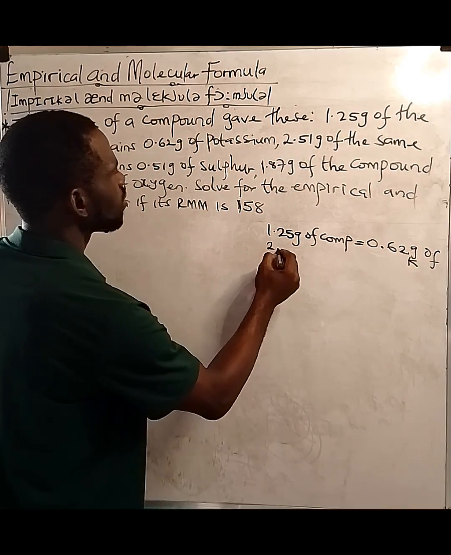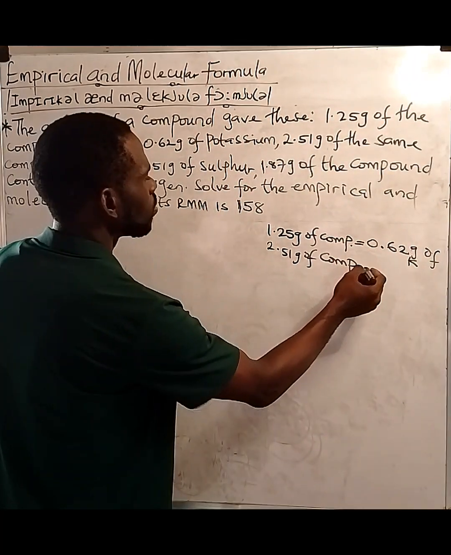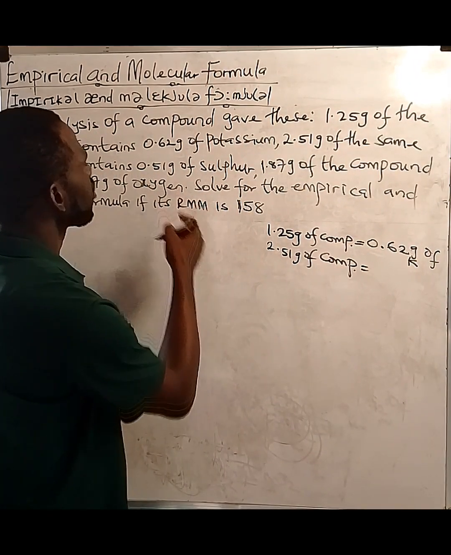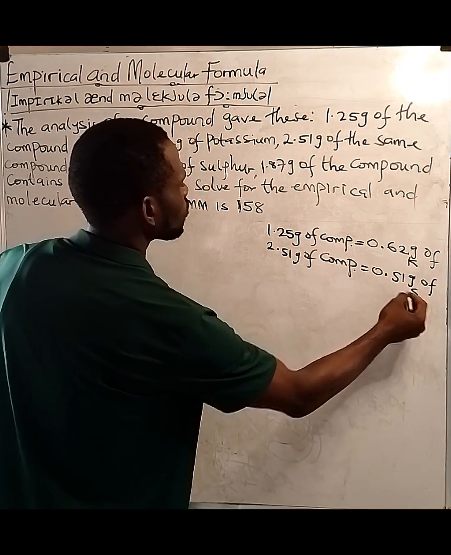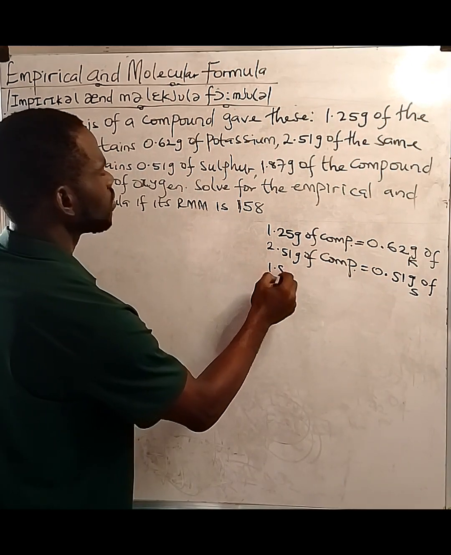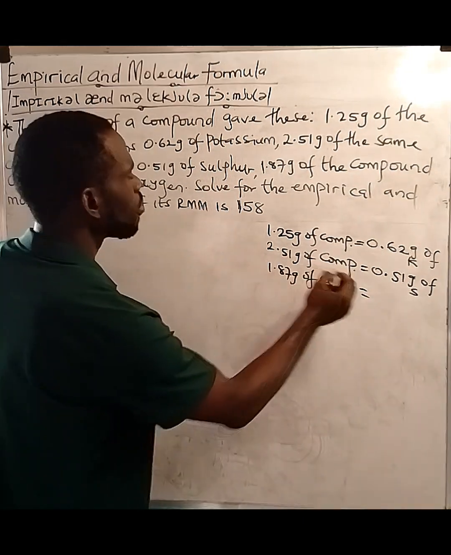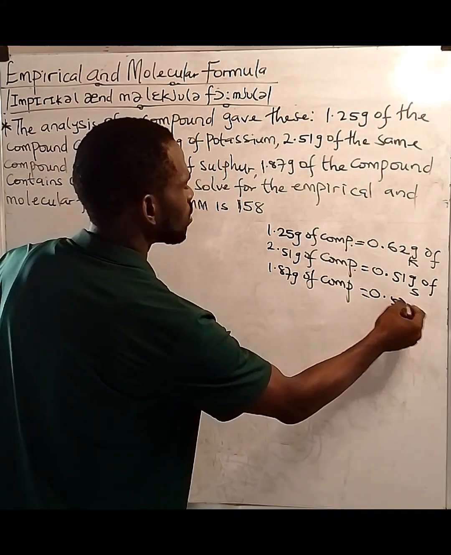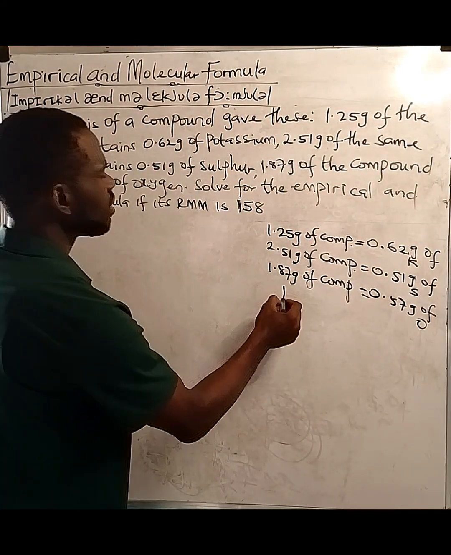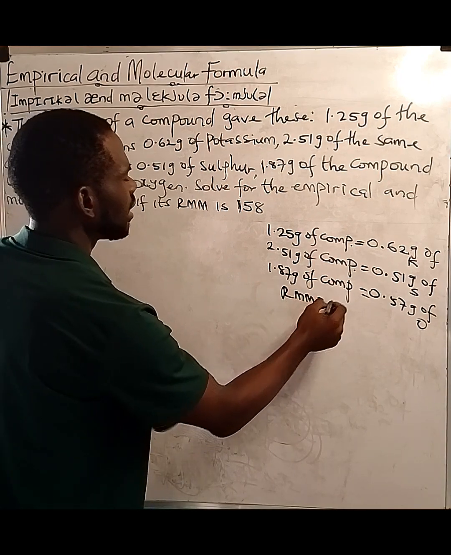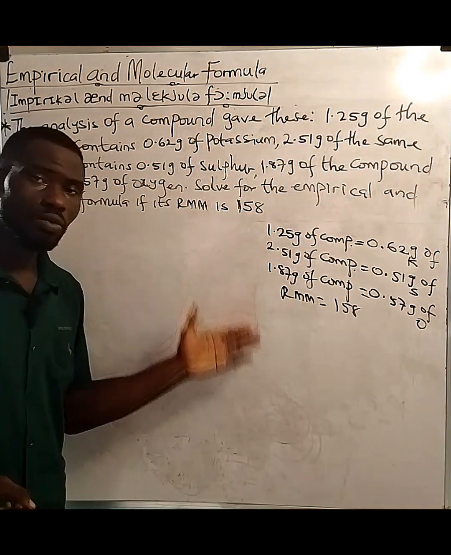The next, 2.54 gram of the same compound contains 0.51 gram of sulfur. Lastly, 1.87 gram of the same compound contains 0.57 gram of oxygen. And also we are given our relative molecular mass as 158.